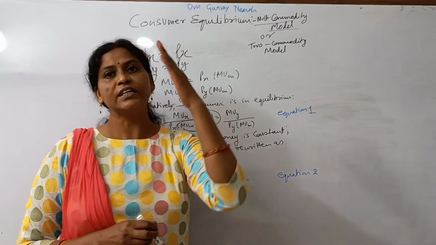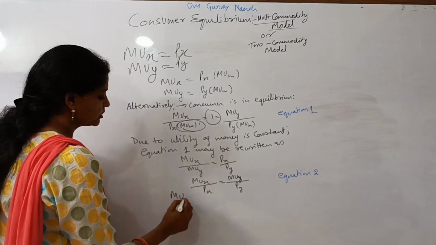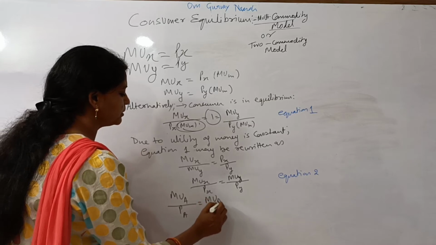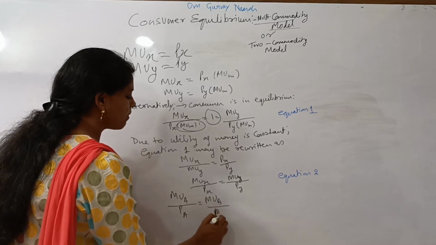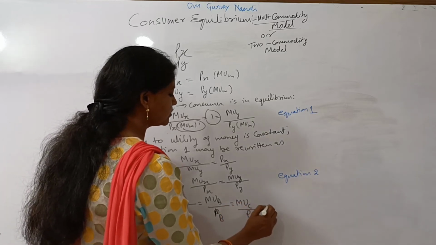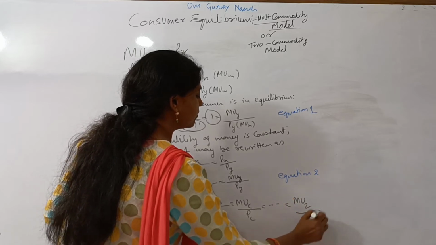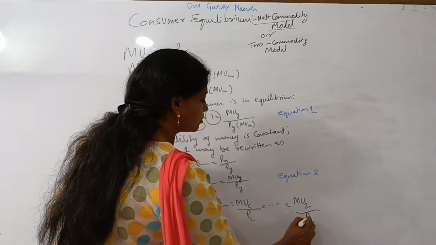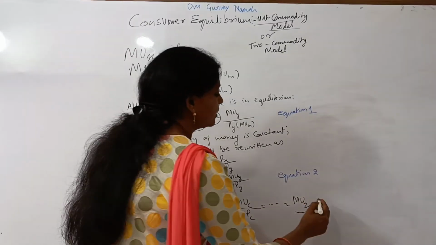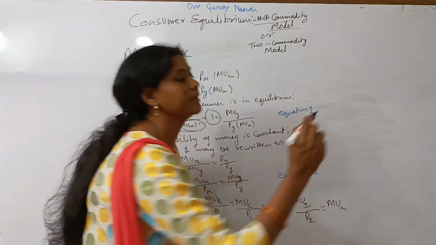His equilibrium condition may be expressed as, क्या हो जाएगा, marginal utility of A divided by price of A is equal to marginal utility of B divided by price of B. Marginal utility of C divided by price of C is equal to, and so on, is equal to marginal utility of Z divided by price of Z. That is the Z, not 2. Z. Is that clear? Then ultimately we get marginal utility at equilibrium.